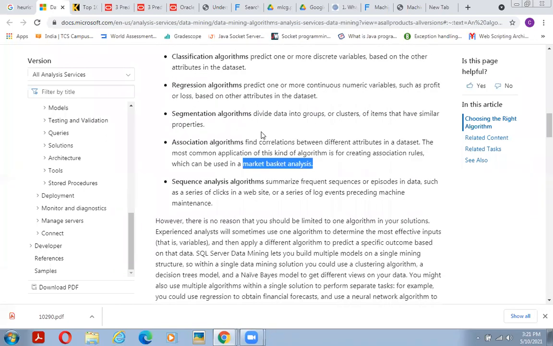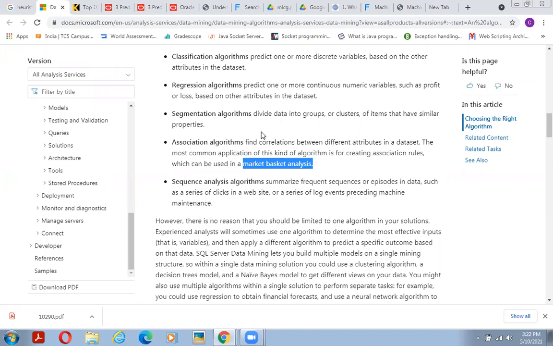So, in general, algorithms can be categorized. We have different types of algorithm sets like classification algorithm, regression algorithm, segmentation algorithm, association algorithm, and sequence analysis algorithm.